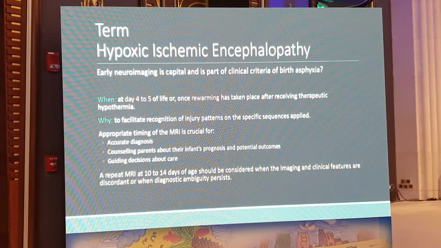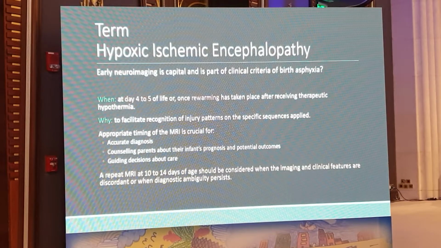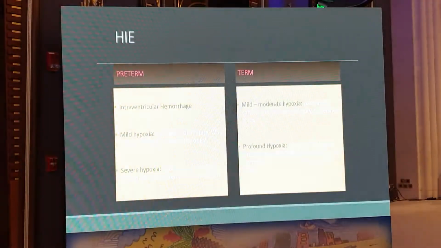We can repeat the MRI at day 10 to 14 if the imaging and the clinical features are discordant, or where there is persistent diagnostic ambiguity, or if we are not reaching the proper diagnosis.